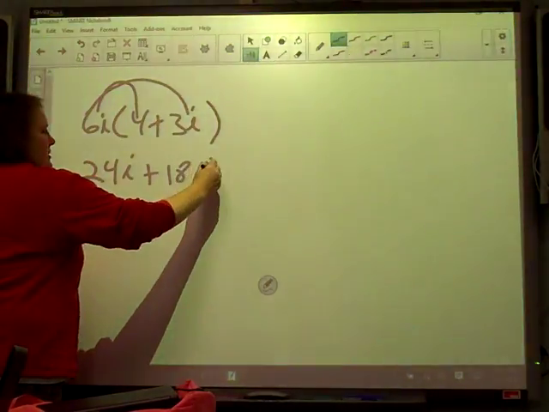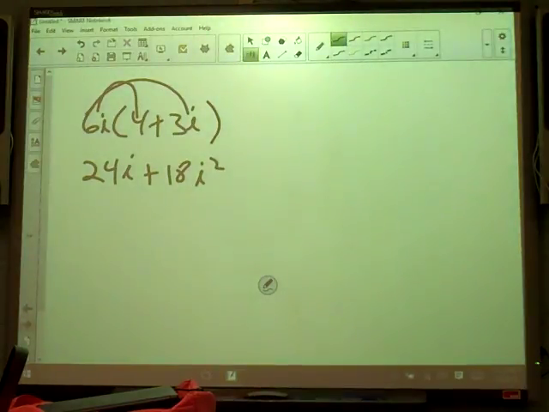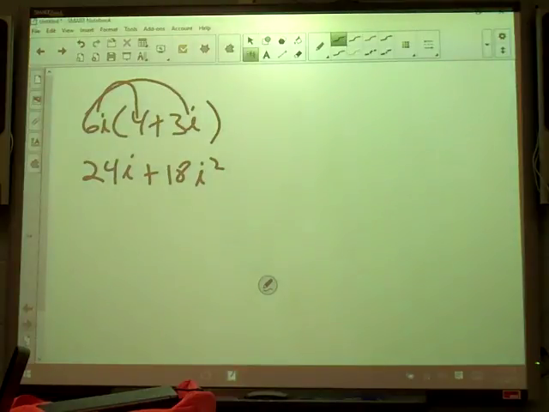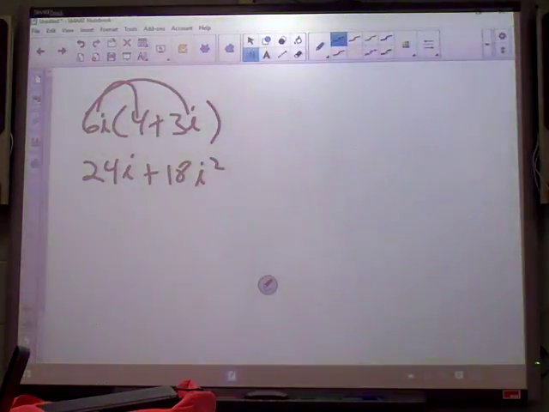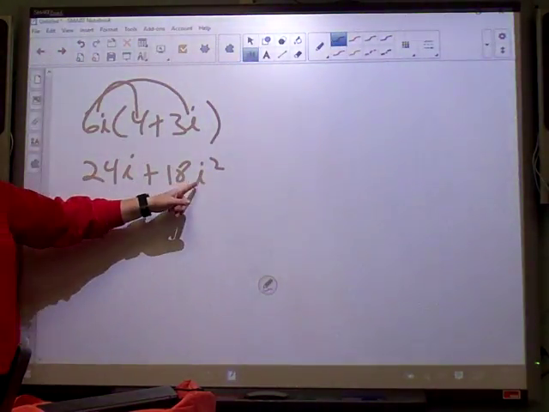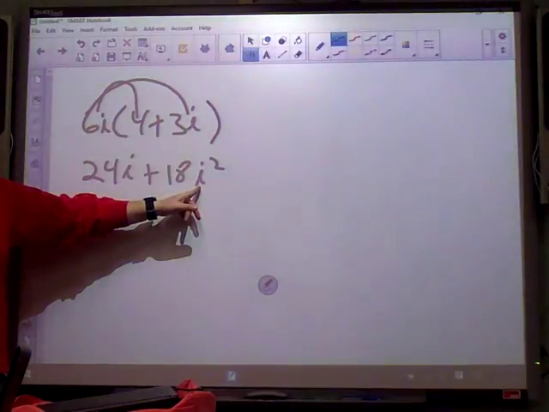18i squared. Now we can't circle that, we're not done yet. Where do you see we can do some cleaning up? We can switch it so the i squared is something. We are going to have to do some switching to get in standard form in a minute. Before that though, what's i squared the same as?